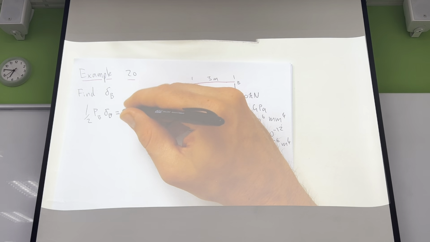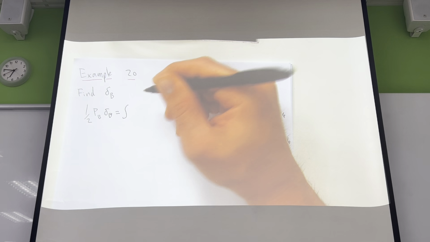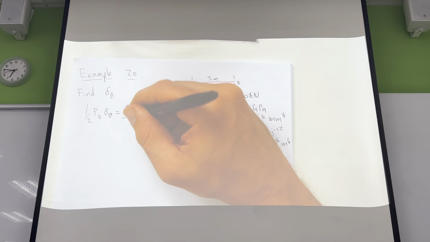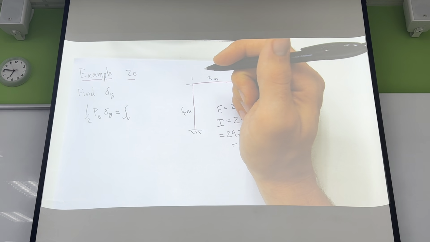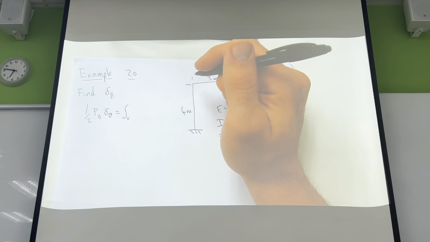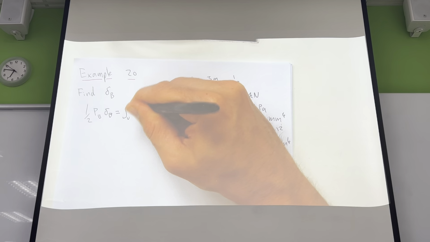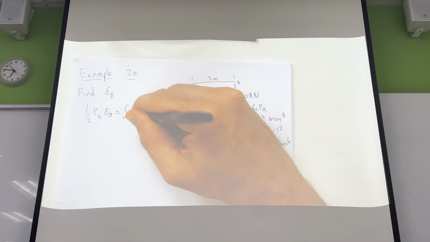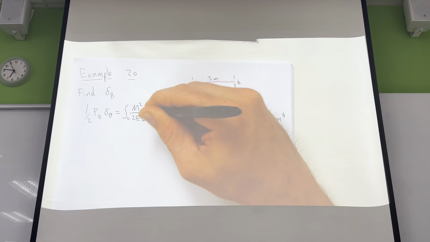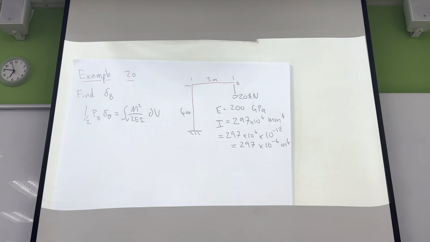The strain energy is the integral over the whole volume of the moment squared divided by 2EI, and we need to do that over the whole volume.